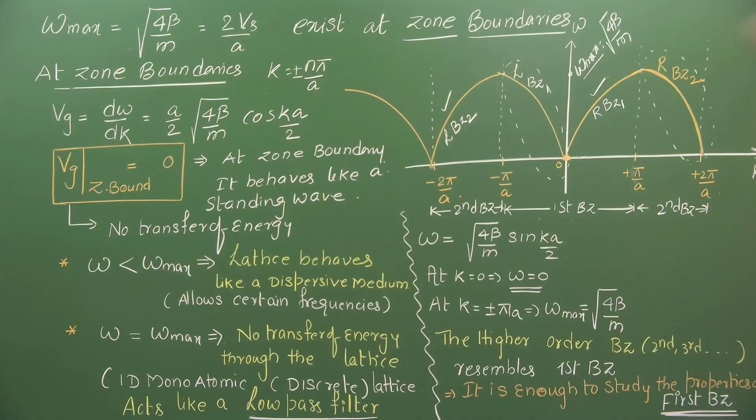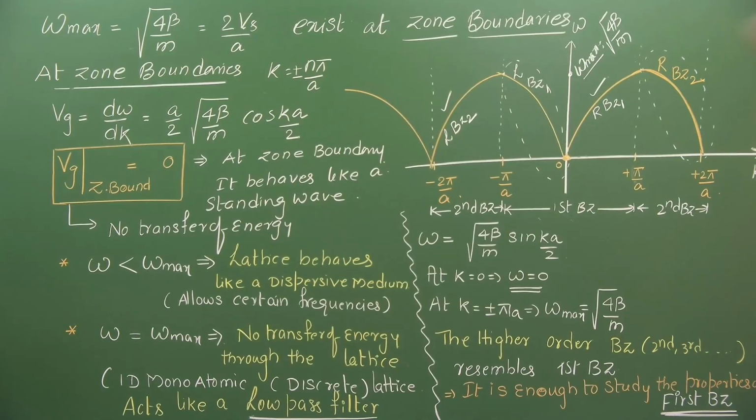That is it. So we got some interesting points from this 1D monoatomic lattice. Whether you understand the derivation or not, the conclusion points you must remember. So the 1D monoatomic lattice is not sensitive to the lower frequencies, so it is used only for higher frequency electromagnetic waves.